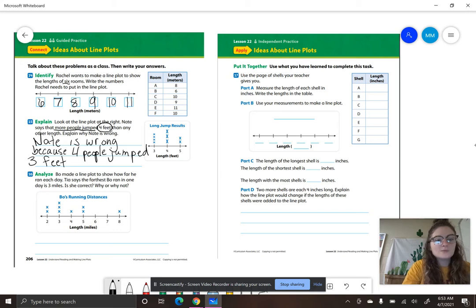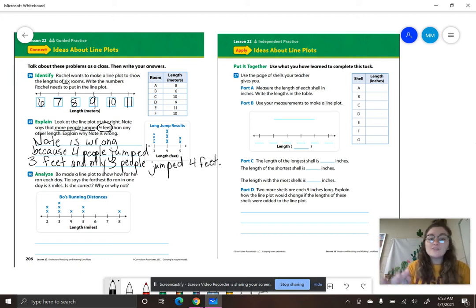So Nate is wrong because 4 people jumped 3 feet and only 3 people jumped 4 feet. Even though those X's are bigger, that does not mean that more people jumped. Remember, 4 is greater than 3. Even though those are bigger X's, we still have to count them.